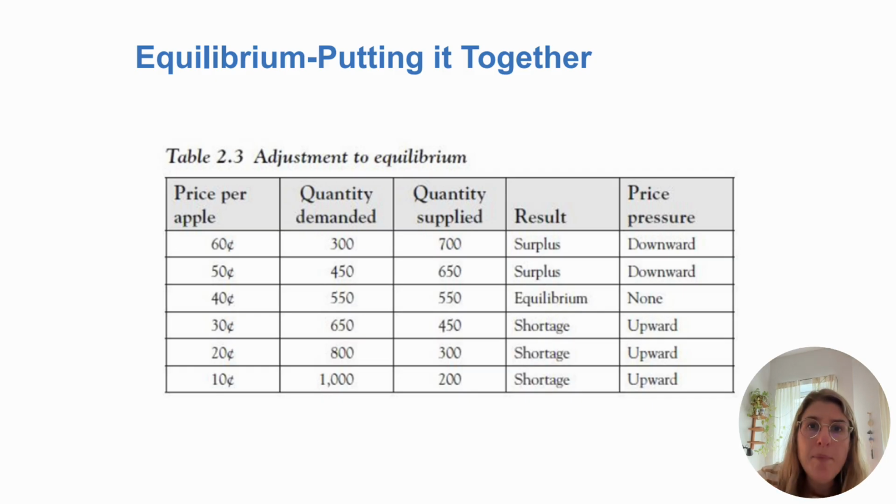So the only place where quantity demanded equals quantity supplied is here at 40 cents. And that's our equilibrium. At equilibrium, there's no pressure for prices to rise or to fall because the market has balanced itself. The quantity demanded at this price of 40 cents equals the quantity supplied at that price per apple.